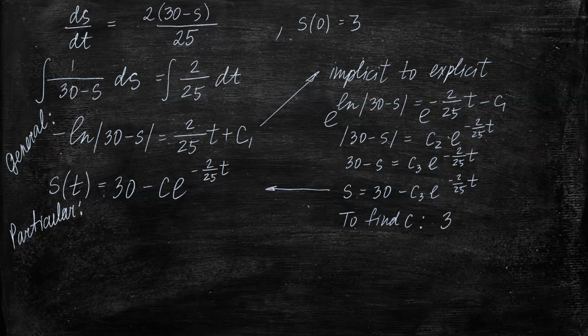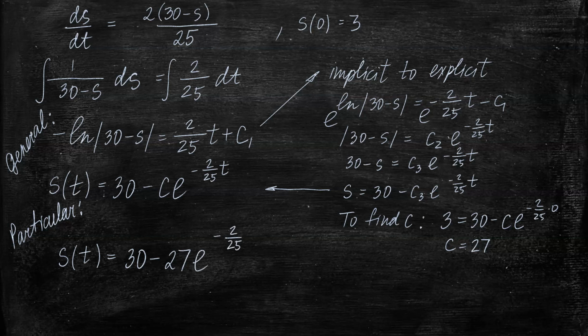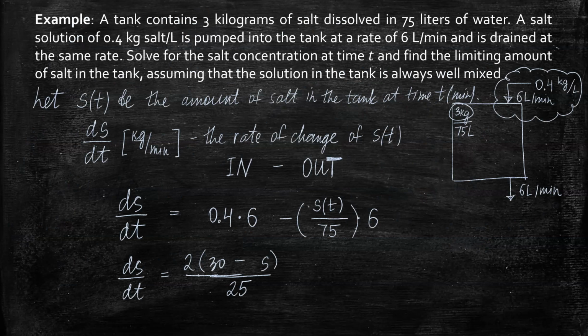So S of 0 is 3. So c is equal to 27. So the particular solution that satisfies the initial condition is 30 minus 27 e to the power negative 2 over 25 t. So this is our particular solution, which we can use to find the amount of salt at any given time t.